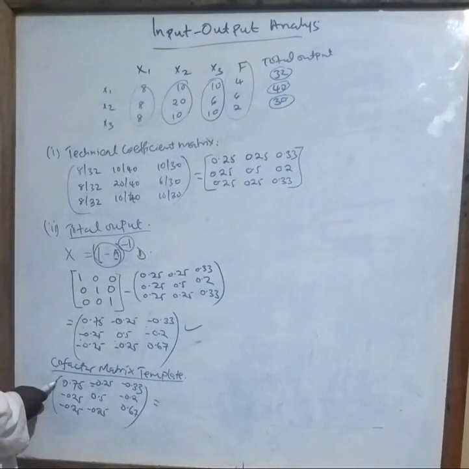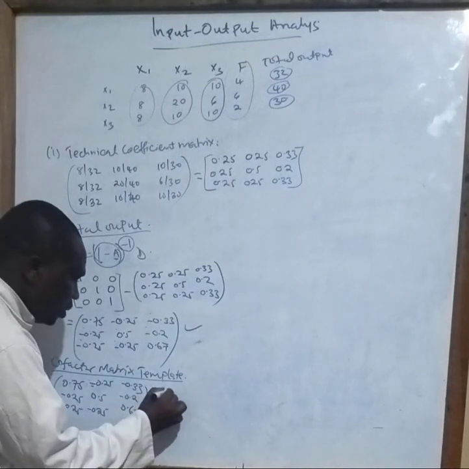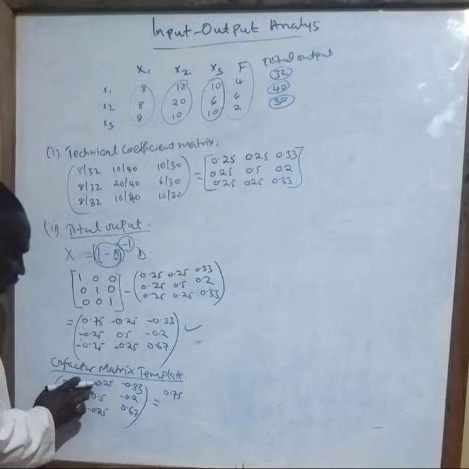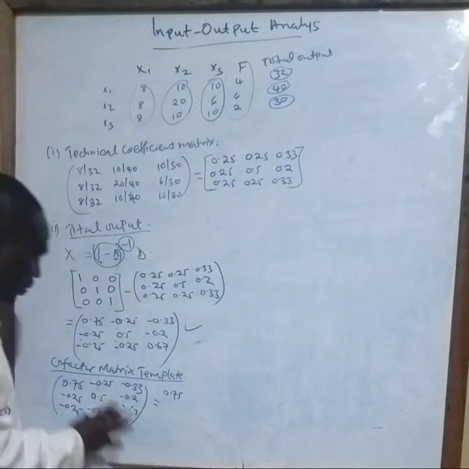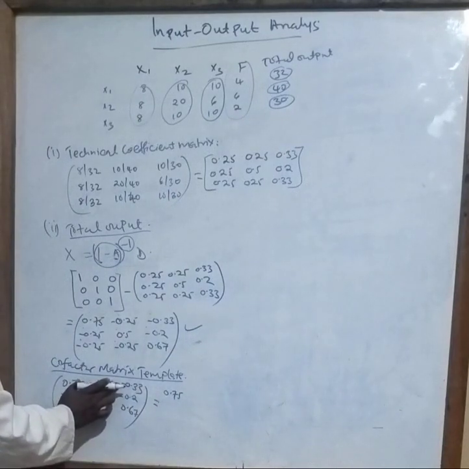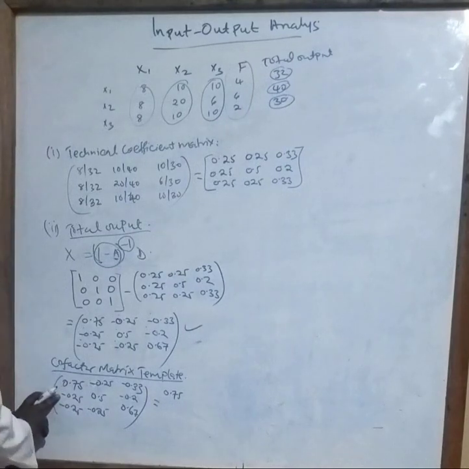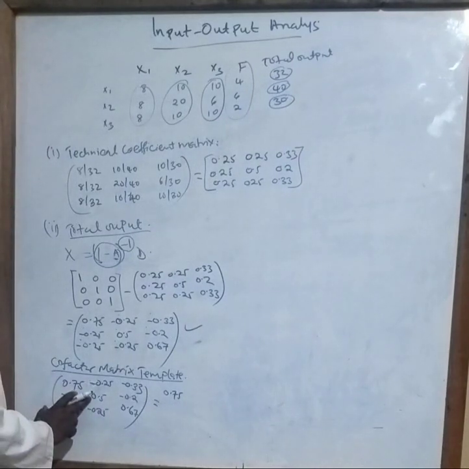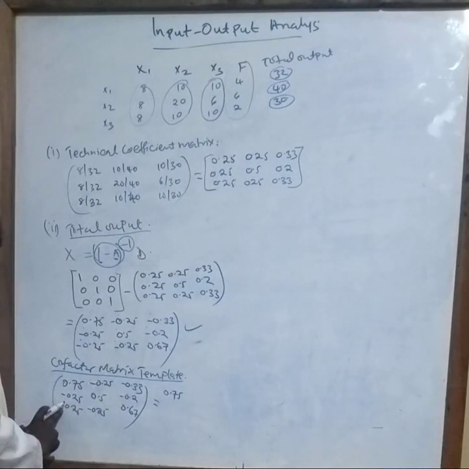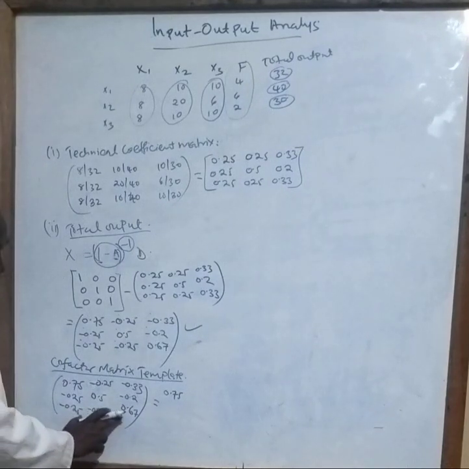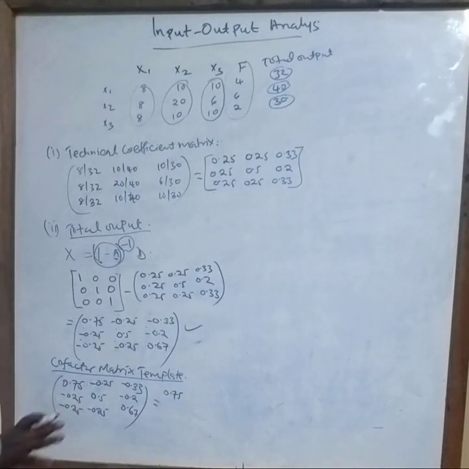Positive times positive is positive, so you get 0.75. Negative times negative, according to the template we learned, gives you a positive. Positive times negative is negative. You apply the signs in that pattern. That's what you are supposed to do.